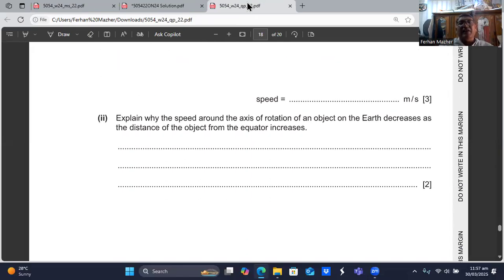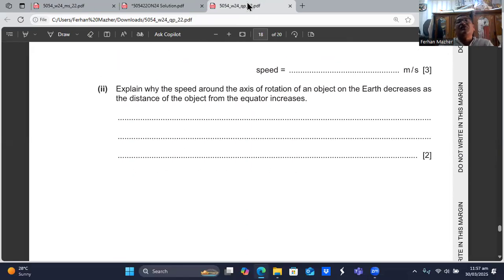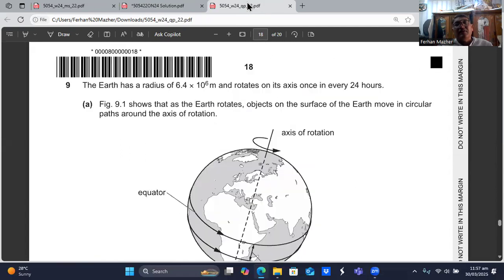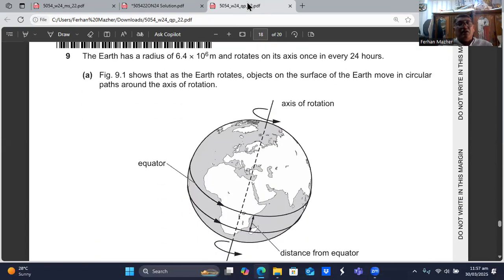Then he says, explain why the speed around the axis of rotation of an object on the Earth decreases as the distance of the object from the equator increases. If you go away from the equator, your 2πr will become less, and the time to complete that cycle will still be the same.